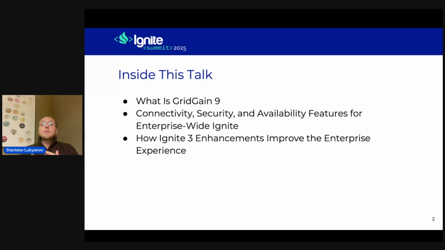And we will focus specifically on how Ignite 3's new enhanced architecture helps these enterprise features shine in GridGain 9. And maybe you will get some ideas on how to similarly improve your own applications with Ignite 3.